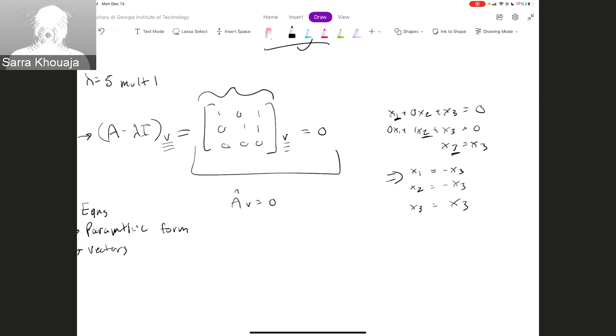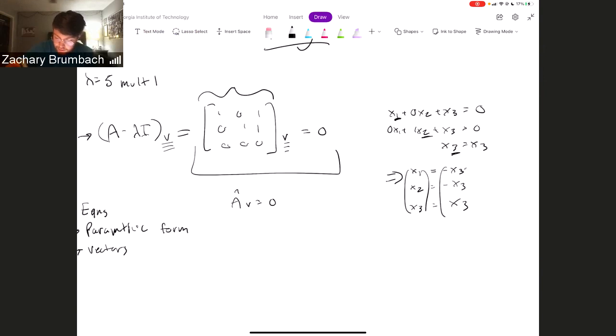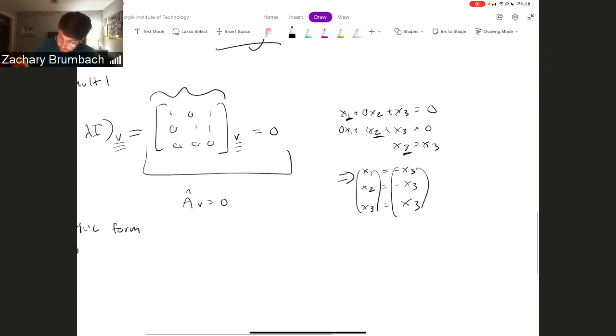These are our equations. And to get from here to parametric form, you just slap some brackets on it, like that, right? Because this gets us x vector equals x3 v1, okay? So we take out an x3 from this vector here, minus 1, minus 1, 1. So this vector is our eigenvector, okay?